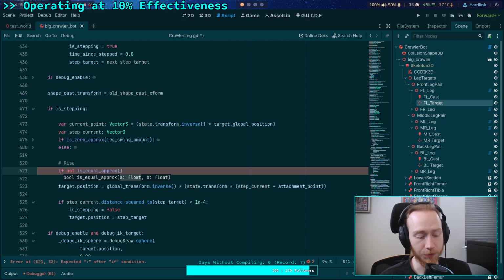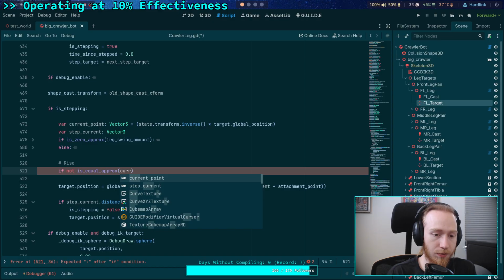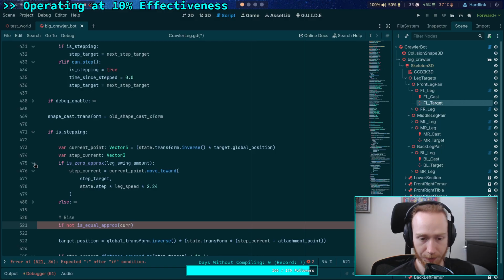So this will be after the movement, so the body is static, and then I move it, and then they overlap. So if is equal approx, I think I'm looking at step current, right?